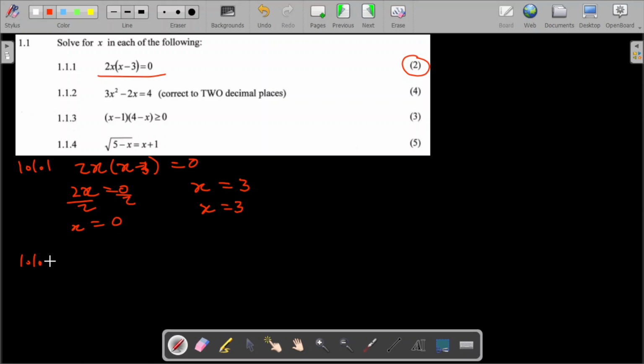And then 1.1.2, it's 3x squared. I'm going to take this to the other side, so it's going to be minus 2x minus 4. This is a very important instruction: if they give you this instruction, there's nothing to factorize here. You have to go straight into your quadratic formula.